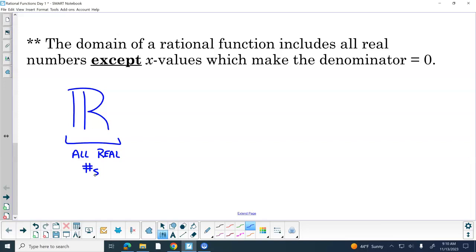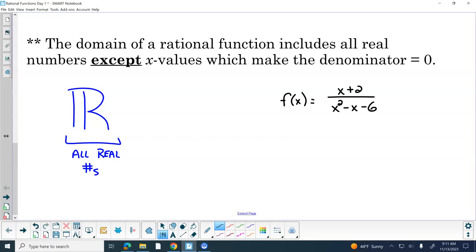So if I had a function, let's just say the domain of that function would be any real number except the number or numbers that make the denominator equal to 0.